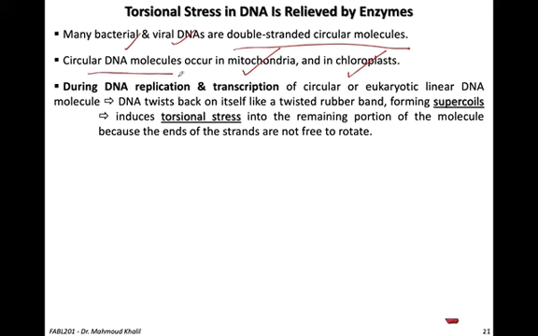So during the replication or the transcription of circular DNA, the DNA twists on itself like a twisted rubber band, forming a structure called supercoils. And these supercoils induce a lot of stress on the remaining portion of the molecule because the ends of the strand are not free.